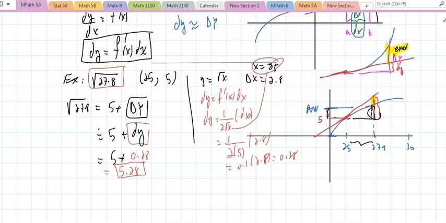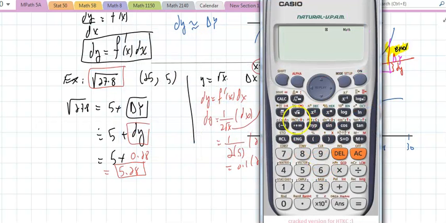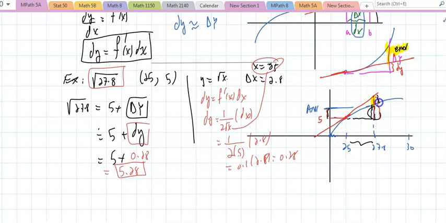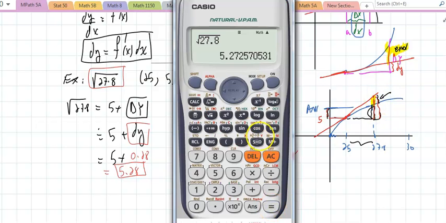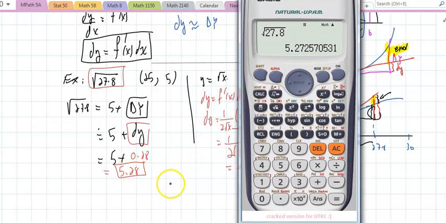In reality, if I get my calculator out and figure out what the square root of 27.8 is, before I figure the answer, I expect it to be over because I'm giving an overestimate. And if I hit equal, it's going to give me 5.27.